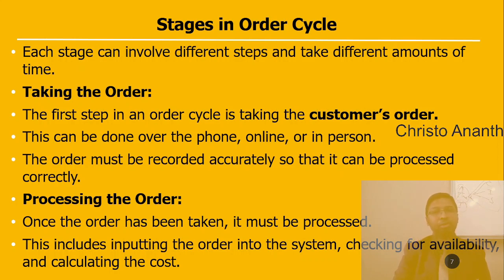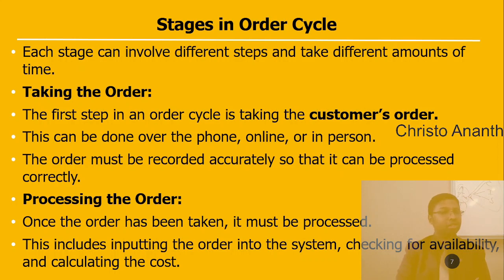For taking the order, you take the customer's order by phone or online, but online you have to make sure that all the functionalities are working, or in person also. You also have to record the order correctly and maintain the bills, so you can process it much more correctly.